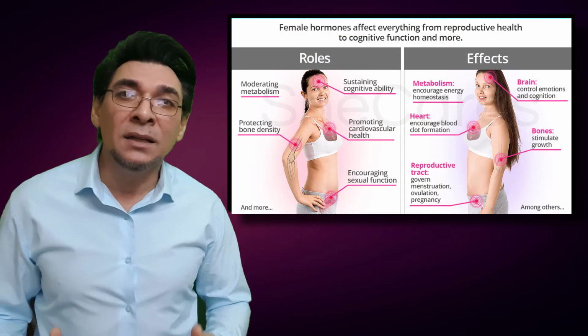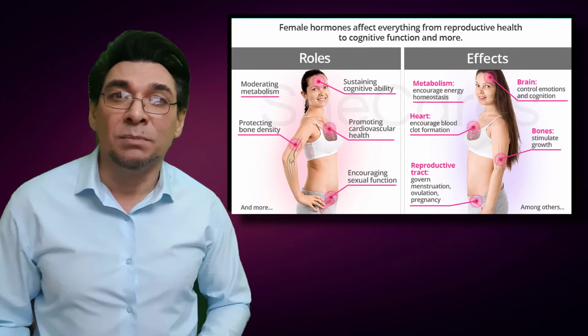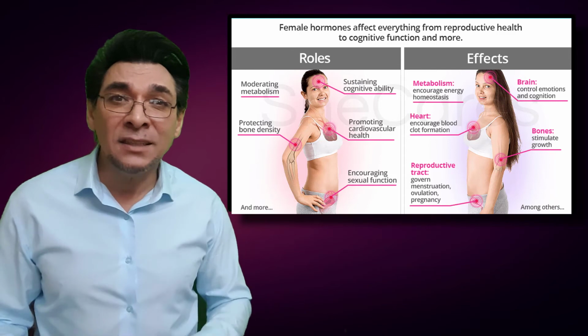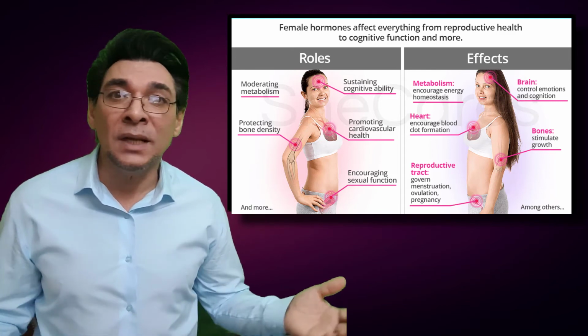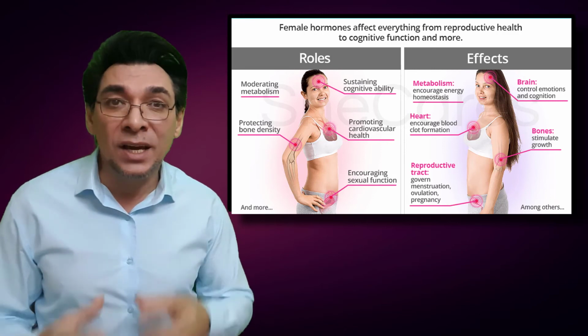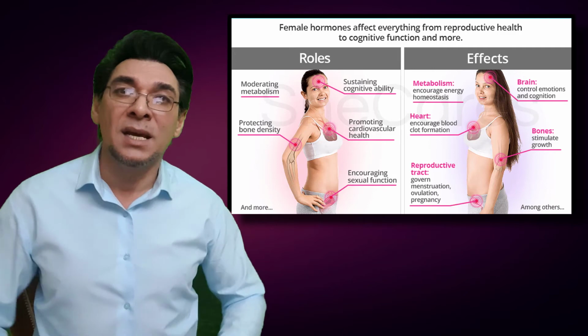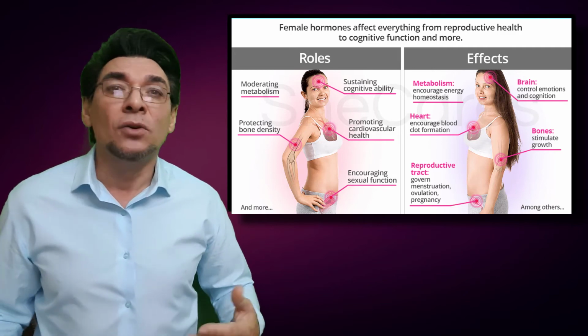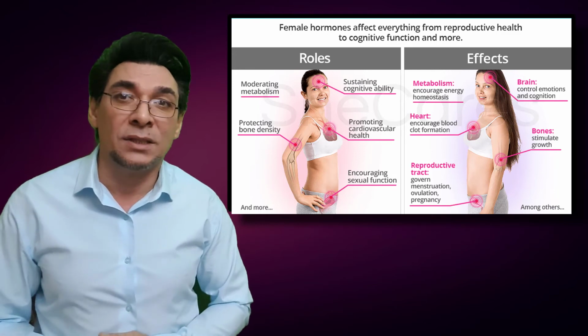In the female, two main classes of sex hormones secreted by the ovaries affect sexual characteristics: estrogen and progesterone. Together, these hormones contribute to the development and function of female reproductive structures and other female sexual characteristics.